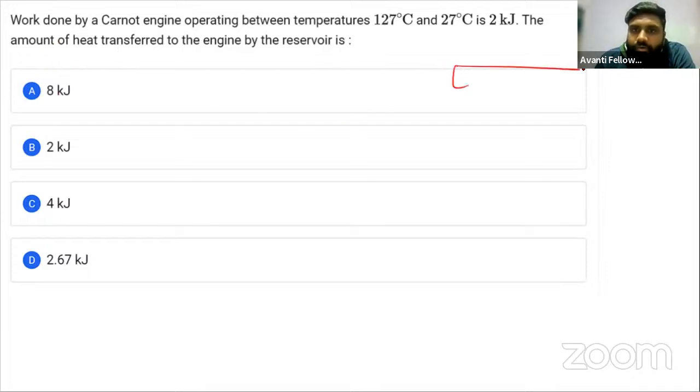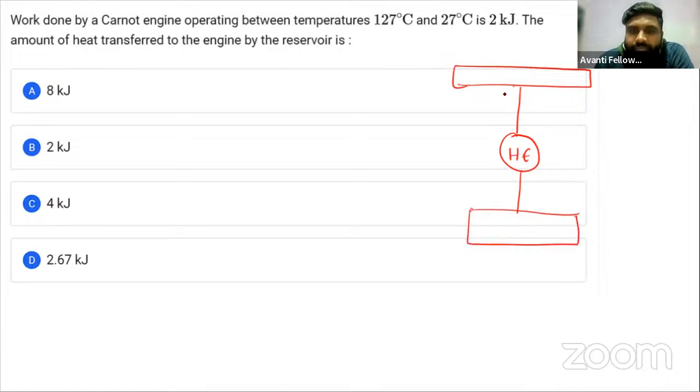So we know that Carnot engine has the maximum efficiency. Okay, and that heat engine is run between two thermal reservoirs, one at high temperature and one at low temperature.